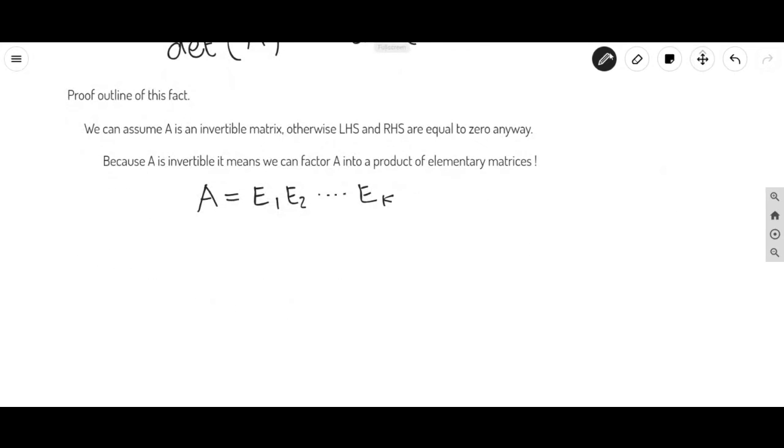Now, this is what you have to check. You need to verify that if E is an elementary matrix, then the determinant of E and the determinant of E transpose are the same.